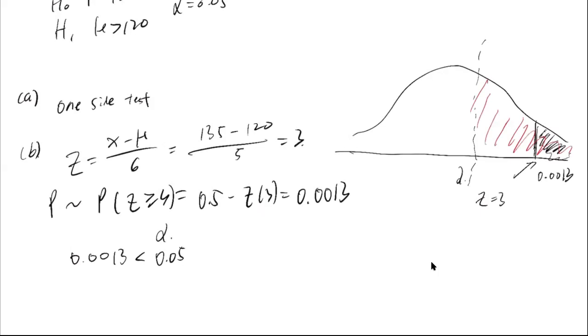And what's the meaning of it in this problem? That means since we're testing if the patient has high blood pressure or is a normal person, we find that this specific measurement of that patient is actually 3 standard deviations above the average. It's lying on the very right tail here. So that means he's not normal.